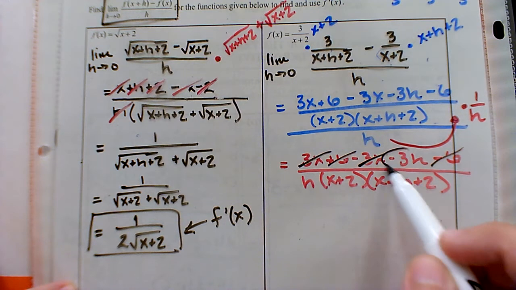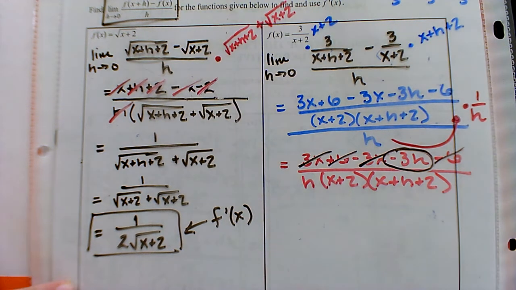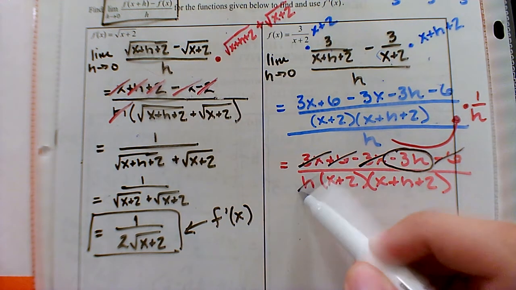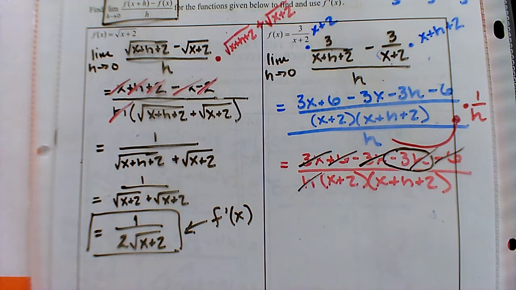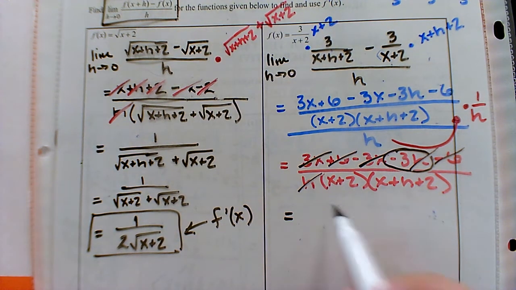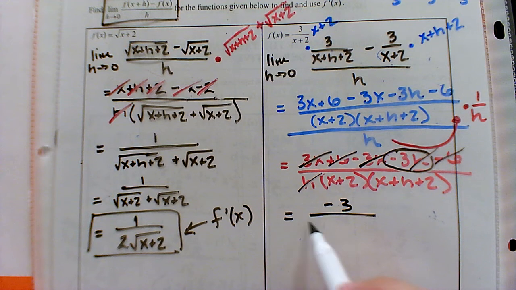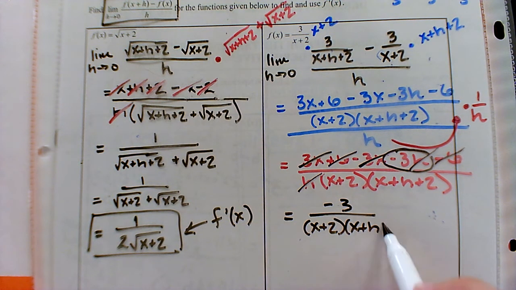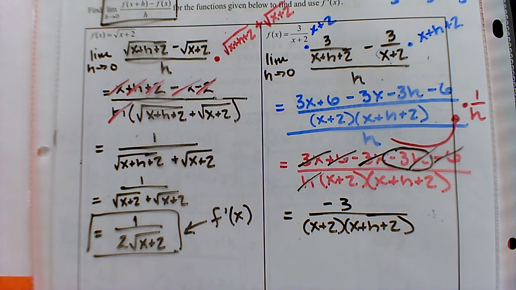If this is all that we're left with up top, the h down below will cancel out with that h up top. So we have negative 3 over x plus 2 times x plus h plus 2.